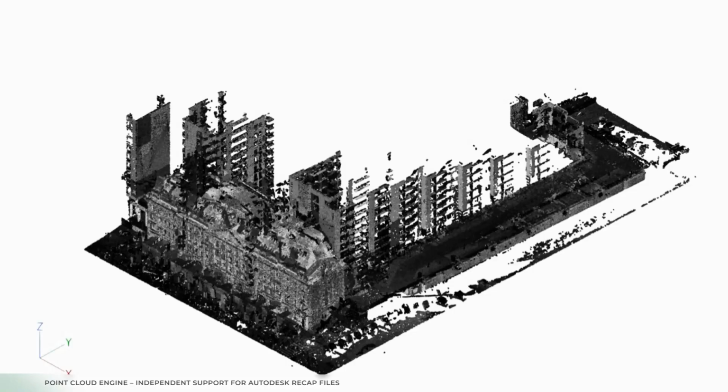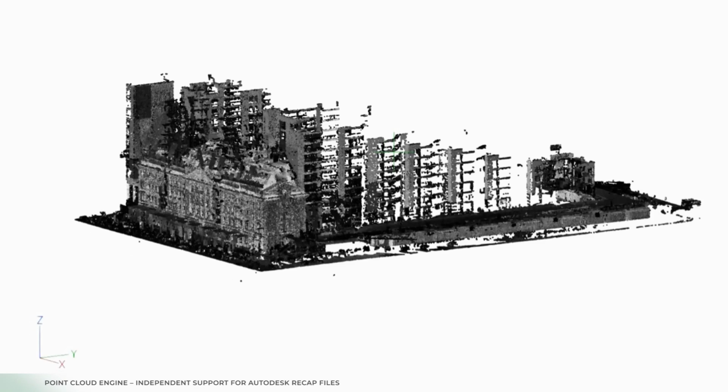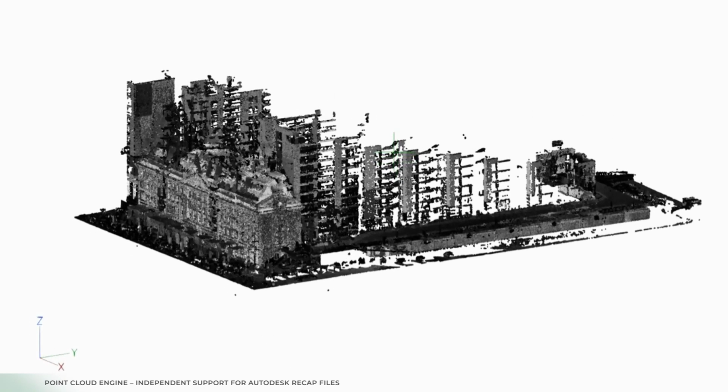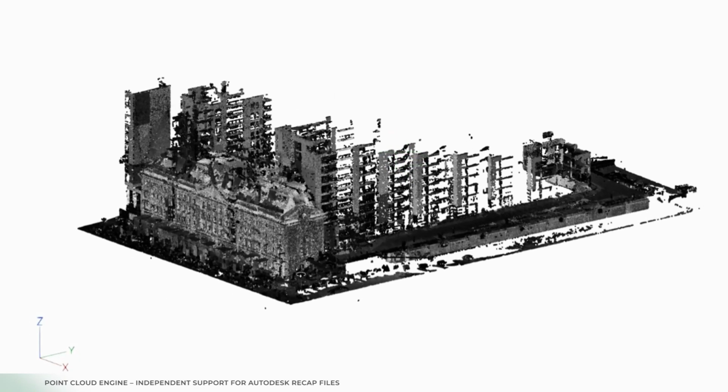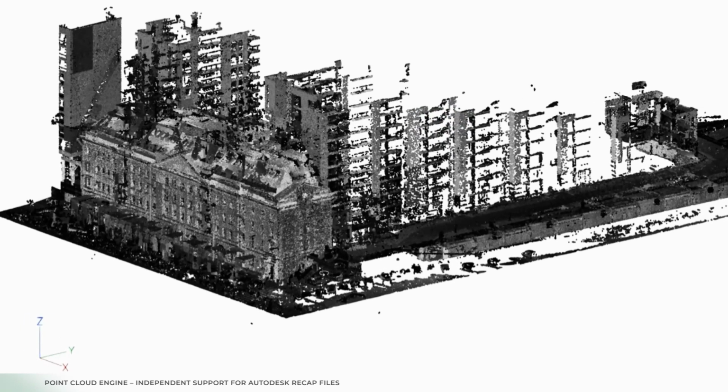For example, the following project is a model of a building containing about 12 billion points and occupying about 60 gigabytes of disk space. One of the latest innovations in our toolset is on-the-fly conversion of unstructured point cloud during visualization.